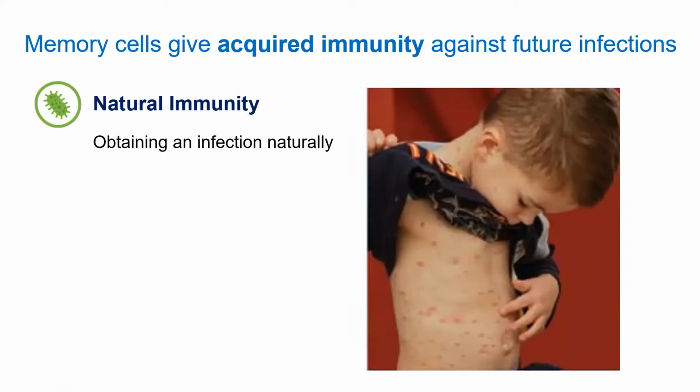Maybe by the time he's 60, he might get shingles. And that's when those memory cells are starting to decline and the immune system is not as strong and vigorous. But we're looking at, not quite a lifelong immunity, but pretty long for chickenpox.